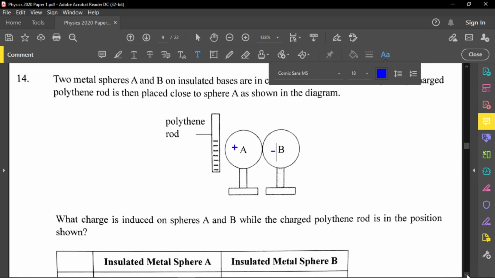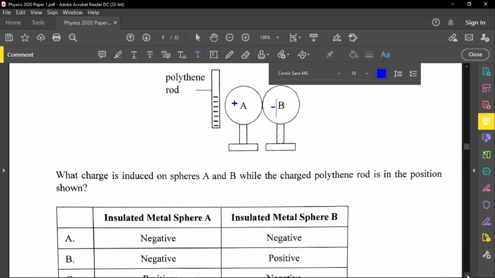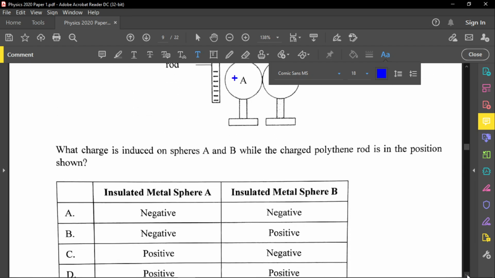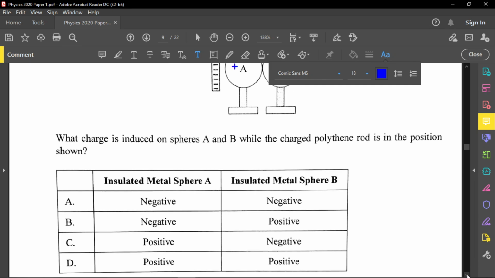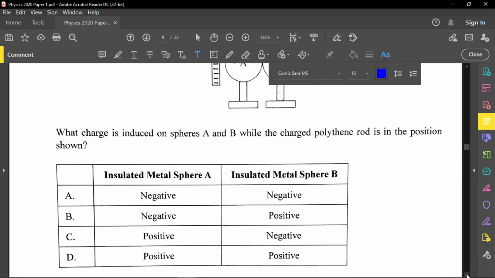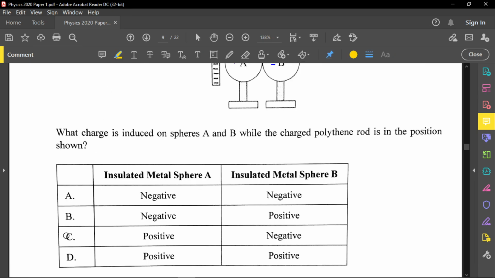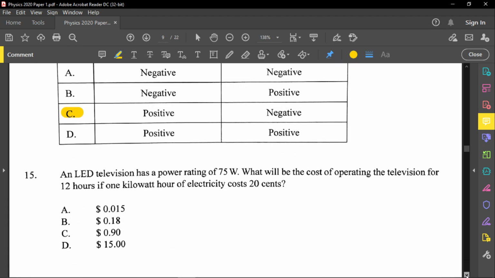So as long as I keep the rod there, A will be positive, okay, and B will be what? Negative. So A positive and B negative, so that is option C. All right, let's jump on to the next question.